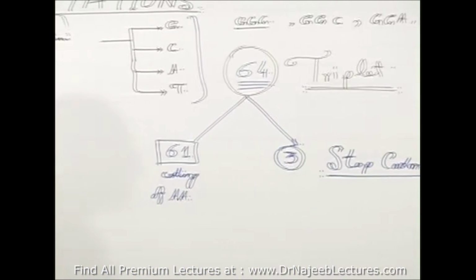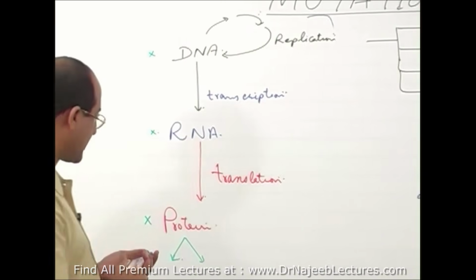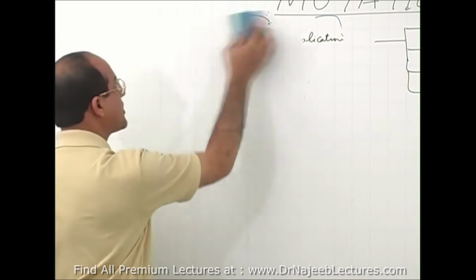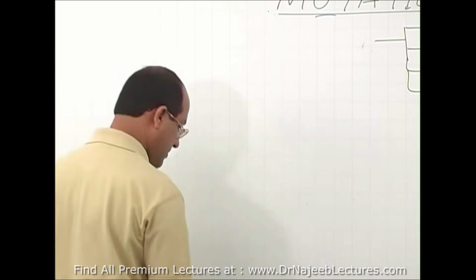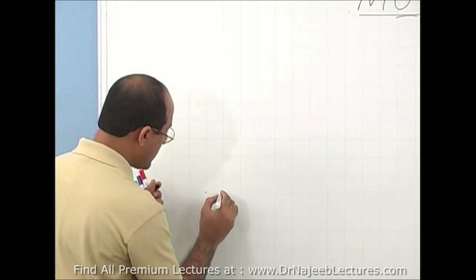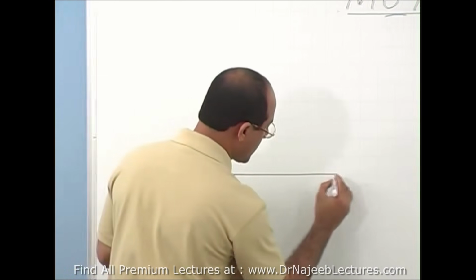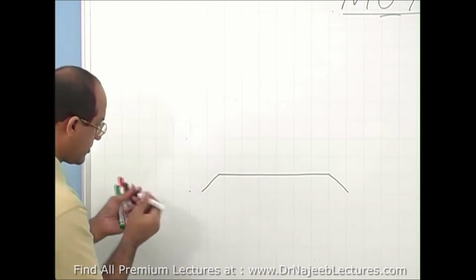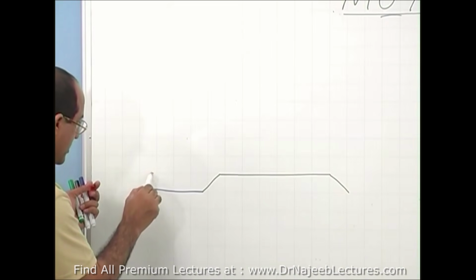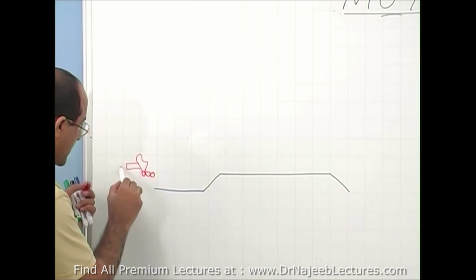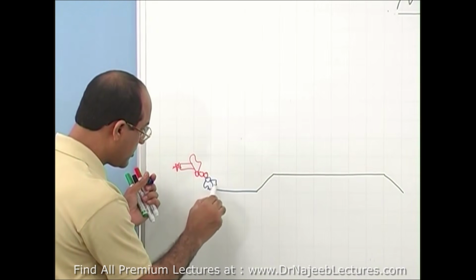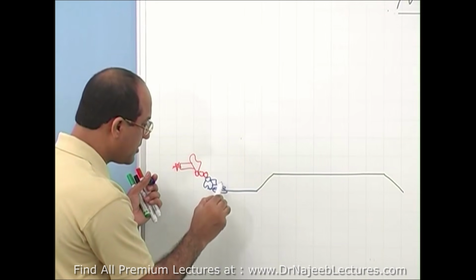Now let me tell you what is really meant by the stop codon. In the previous lecture, we discussed a typical structure of messenger RNA. We said that in messenger RNA, suppose this is the 5' end. The 5' end, you remember there is guanosine, methylated guanosine, right?